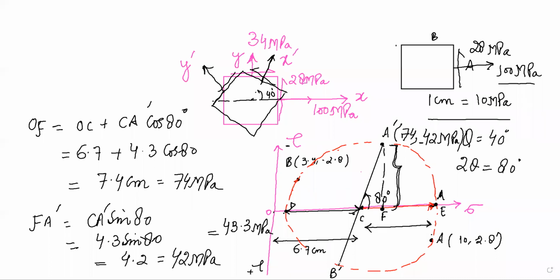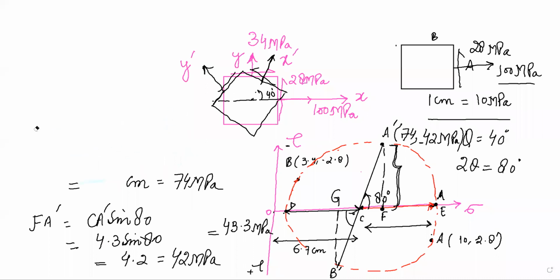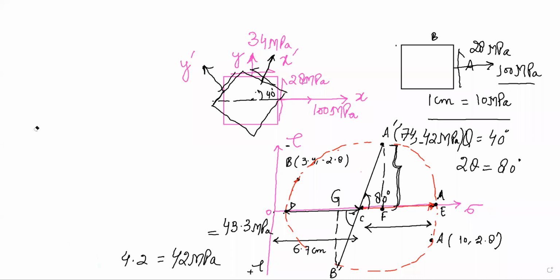Okay. Now come to point B. Tell me at point B, let me call this, draw a perpendicular from here. Let me call this G. How much is the value of normal stress at point B prime? How will you calculate that? Any idea, students?